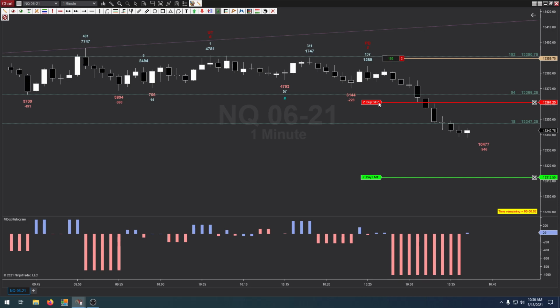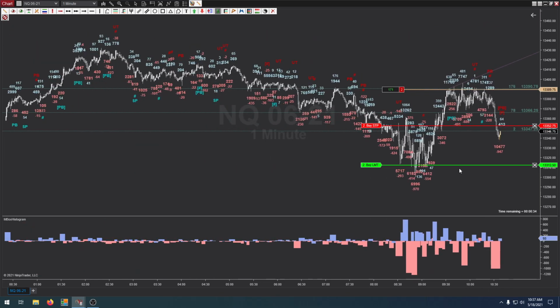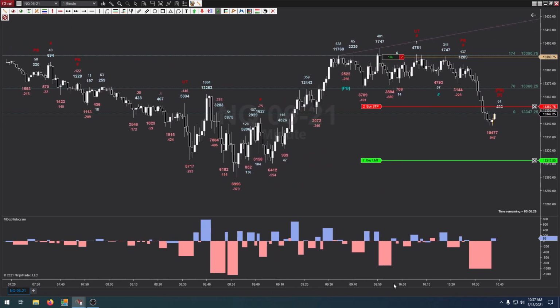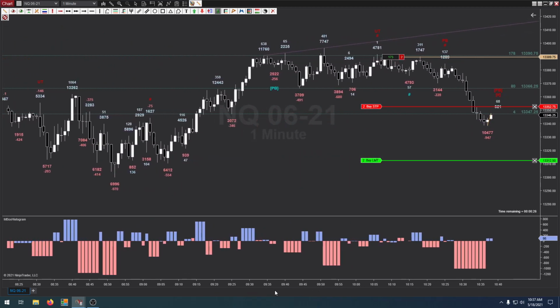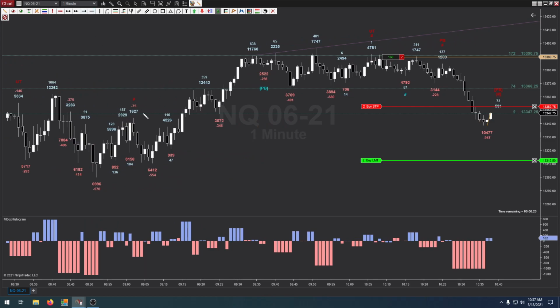So this was a fun ride, actually. I'm going to bring it to here, the high of this candle right here. Even though I want to give it a chance to go after my target, which is right here. But it probably did reach a swing high.